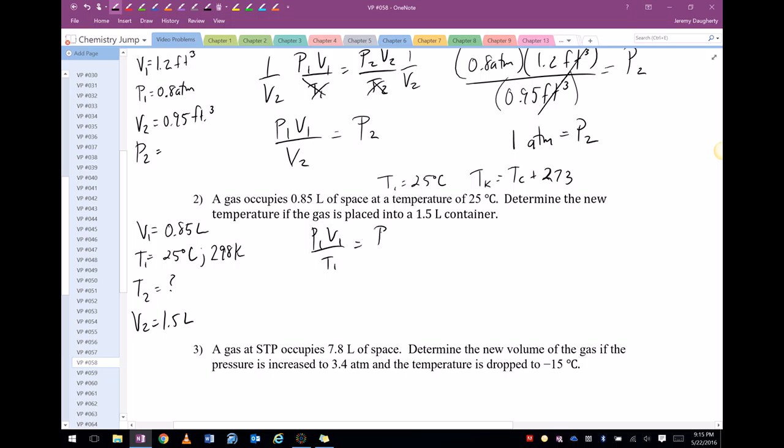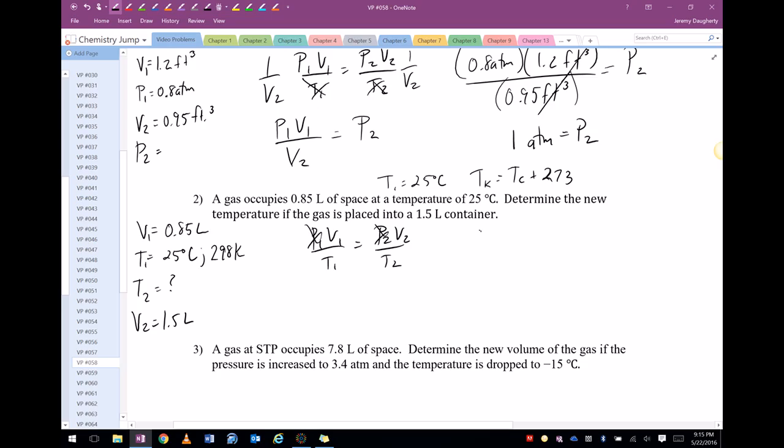So we're using P1 V1 over T1. Since we're changing the gas, we're going to use that combined gas law. We don't say anything about pressure, so let's get rid of that. Very important here, we are solving for T2, so we've got to get T2 out of the bottom first. Let me do this with numbers.